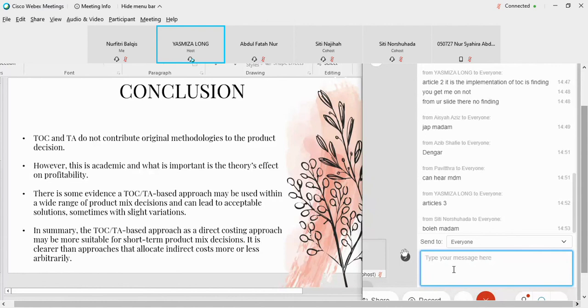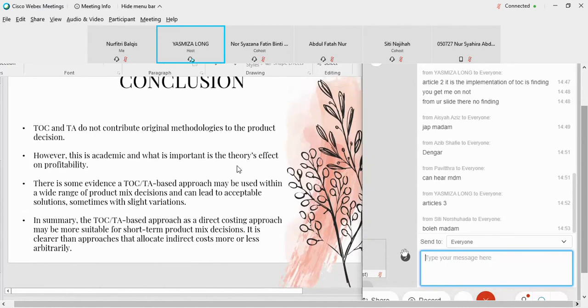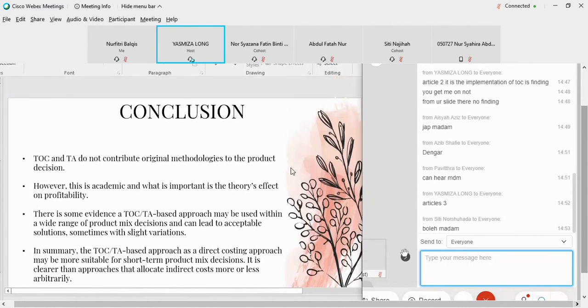Dari tiga-tiga artikel, Madam, conclusion tu. Oh, I see. Bukan daripada you all lah. Okay, so never mind. Untuk awak nanti, make sure ada finding untuk artikel 2 lah.